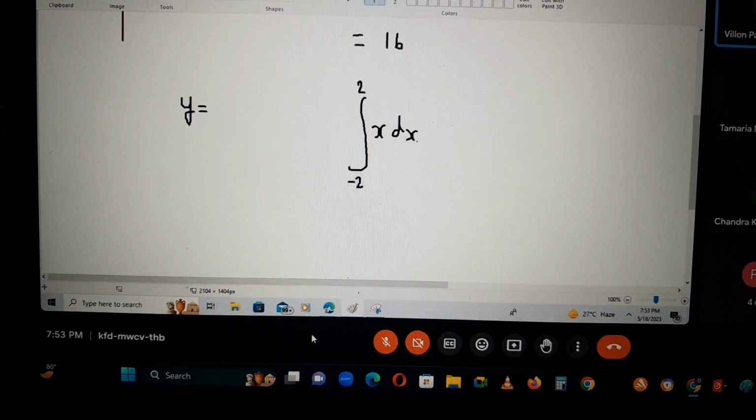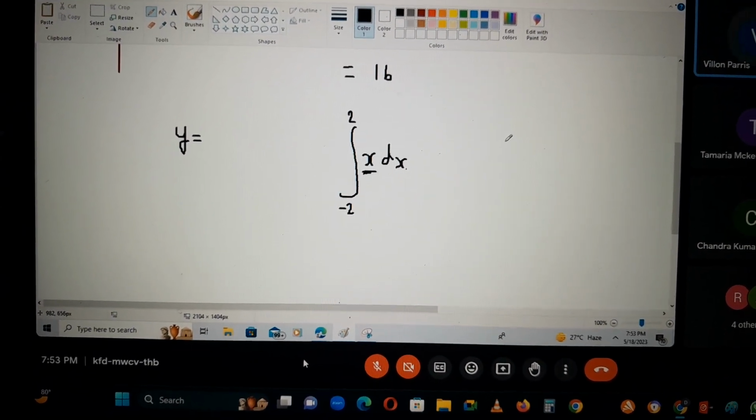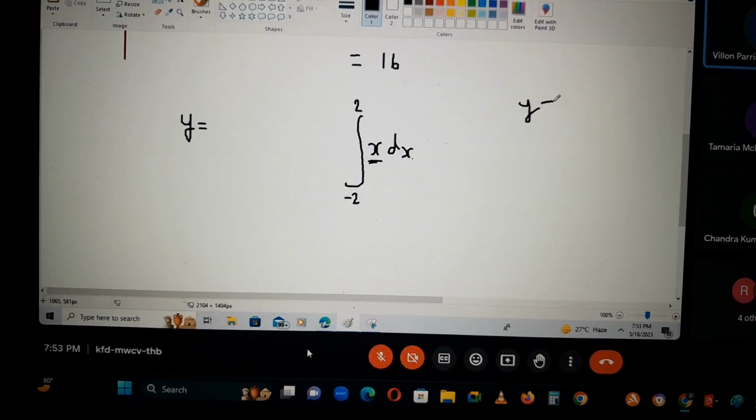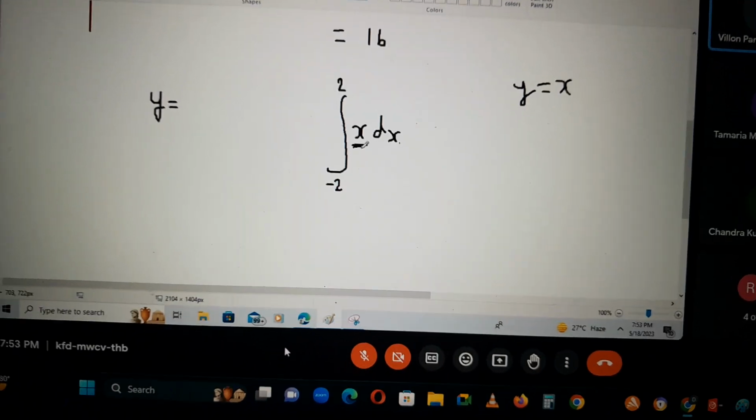Now this x, again, whatever we're integrating, remember this is our function. So basically we're integrating the function y is equal to x. Right? That's the function we're integrating.